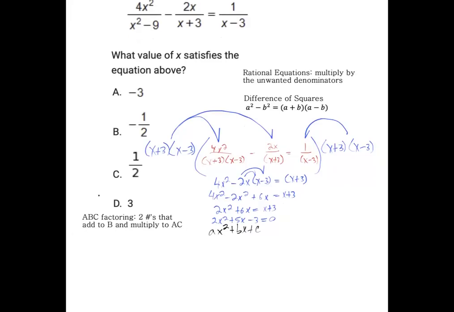So for us, that means our two numbers need to add to 5 and multiply to 2 times negative 3, which is negative 6. And what numbers do that? It would be positive 6 and negative 1.